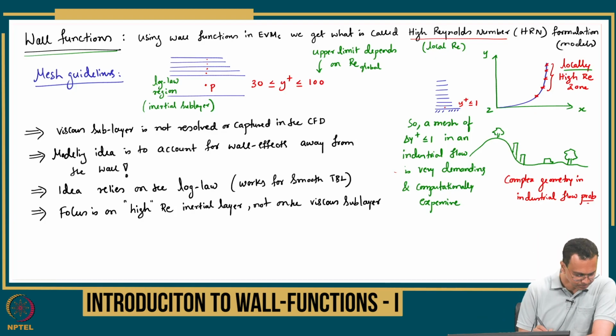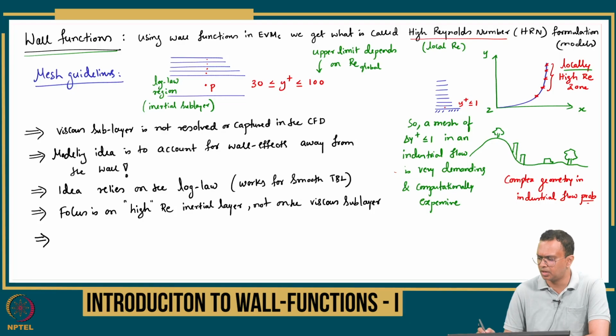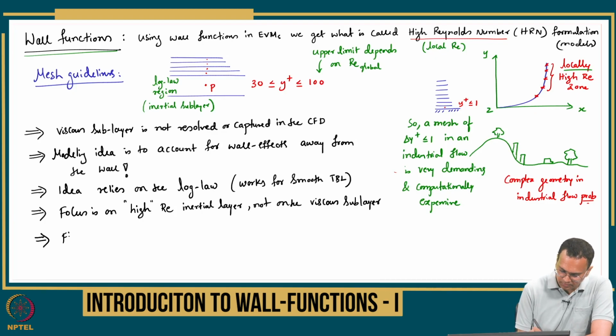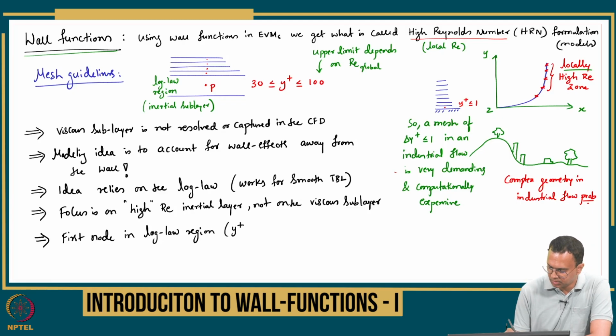Okay. So this is a pragmatic approach simply because the geometry is far too complicated. If you can afford to have a mesh, you don't have to use this. It is simply an industrial or a pragmatic consideration. And the first node here, first node in the log law region, must be y plus greater than 30 for sure.